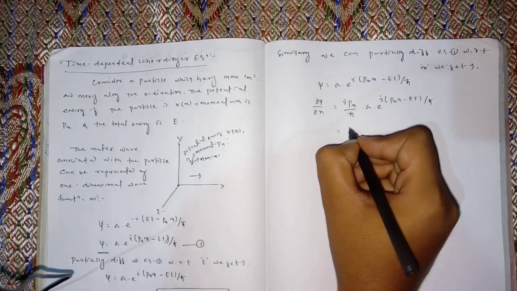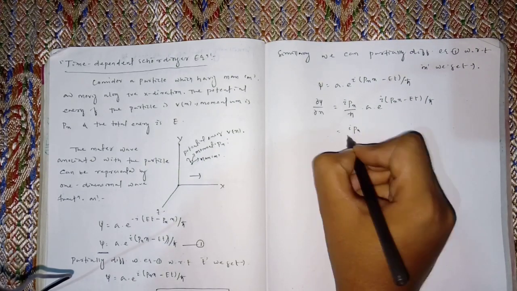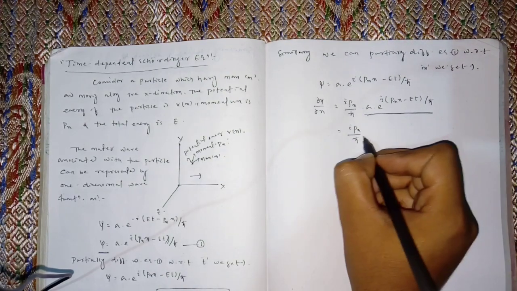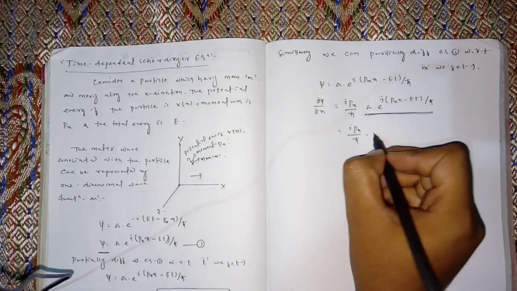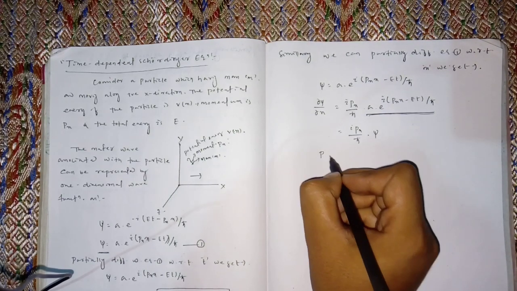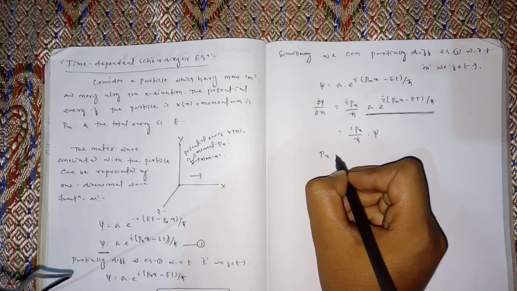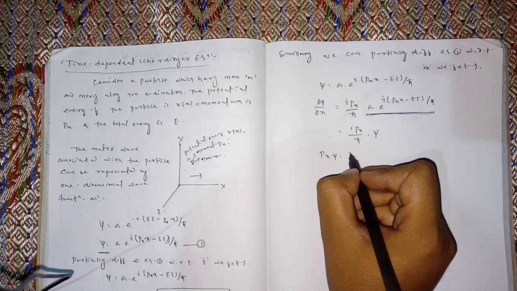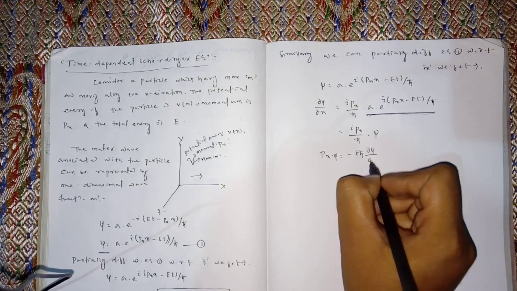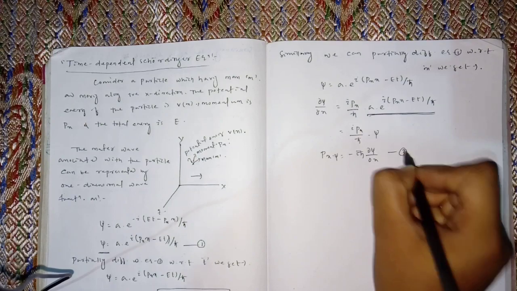We can substitute the value of psi here, since it is the same as equation 1. So p x psi equals minus i h cross dou psi by dou x. This is equation 3.